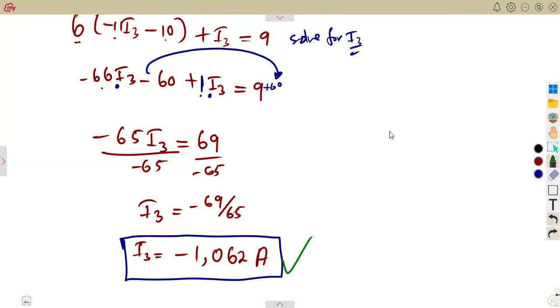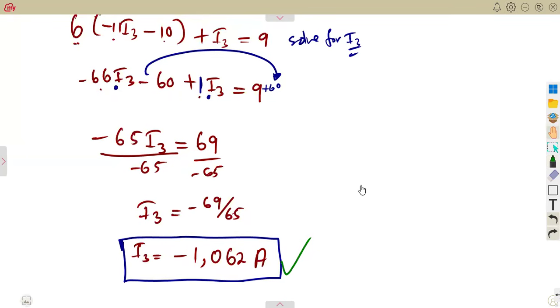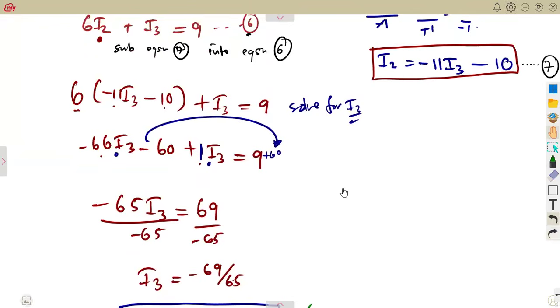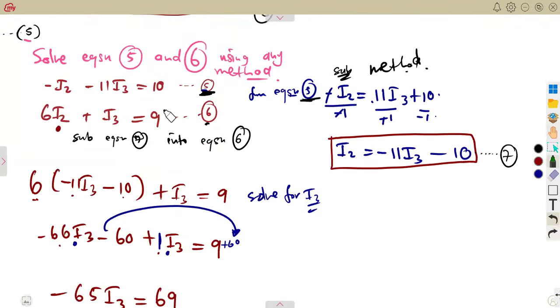Maybe it's I1 in terms of I3. Let's check. Is there an equation like that? If you check on equation 7, on these two equations that we're solving, remember we made I2 the subject from equation 5. We formed equation 7. We can see that I2 is the subject written in terms of I3, only I3.